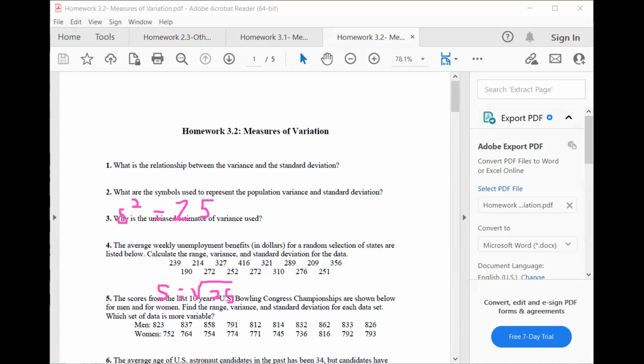So we normally would write something like S equals the square root of S squared, which I think she writes for you on one of the slides. You can also write that in words if you want. Okay, but that's where this is coming from.